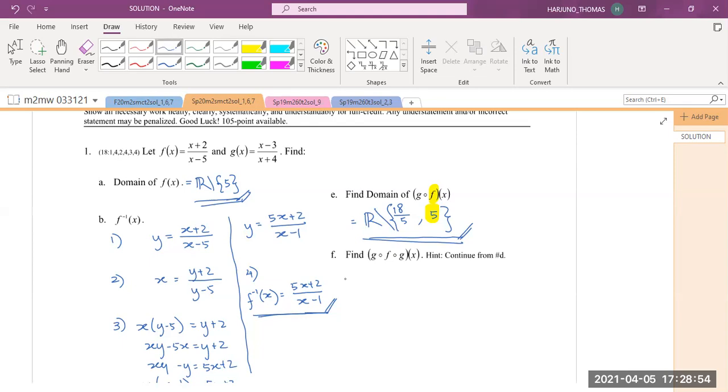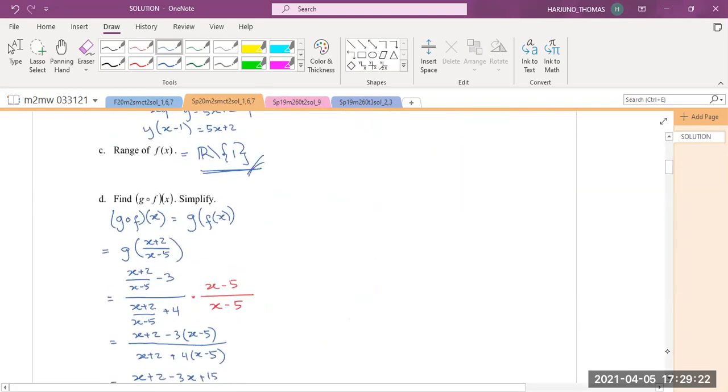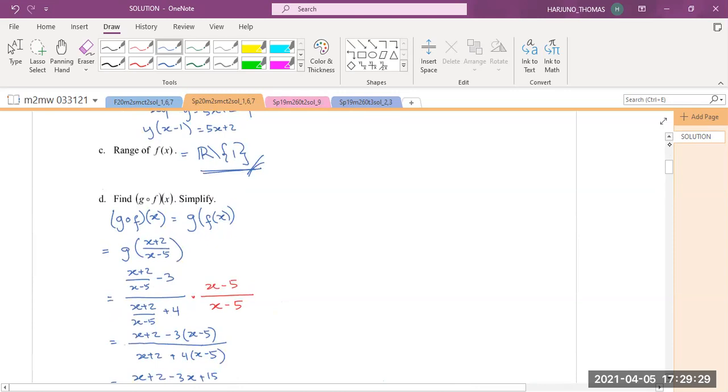So what is g compose f compose g? g compose f compose g of x is equal to g compose f of g(x). Now notice that we already did from part D, g compose f. g compose f was negative 2x plus 17 over 5x minus 18.